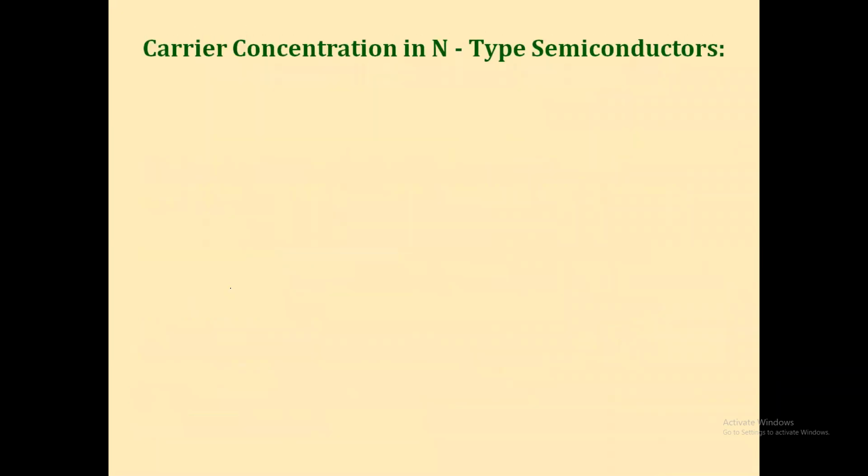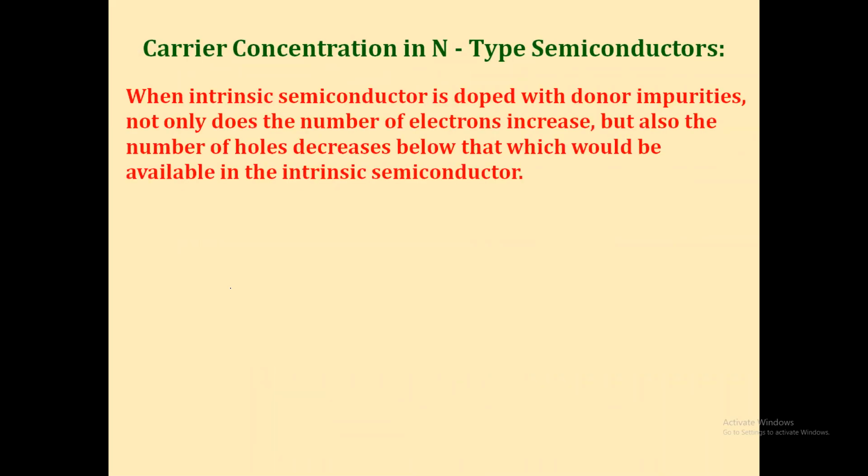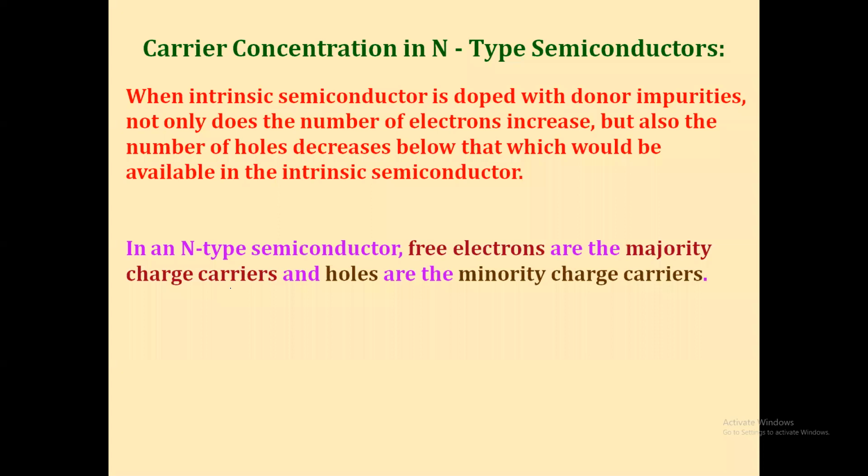Okay. Now, if you see the carrier concentration in the n-type semiconductor, as you know, in the n-type semiconductor, a large number of free electrons are generated, and due to the thermal energy or the heat energy or the room temperature, a few covalent bonds are broken.